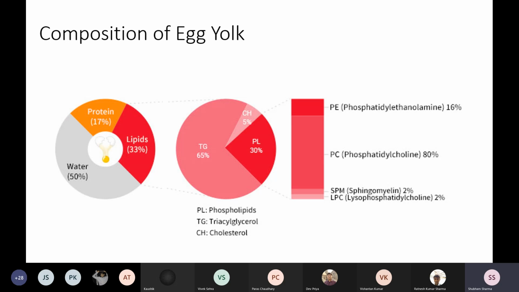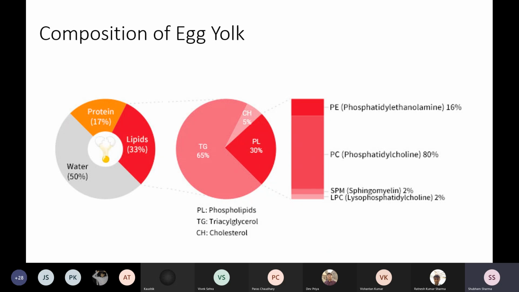If the alcohol group changes, the type of phospholipid also changes. For example, if an ethanolamine alcohol group is attached to the phospholipid, then it is known as phosphatidylethanolamine, and it makes up 16% of the phospholipids of the egg yolk.